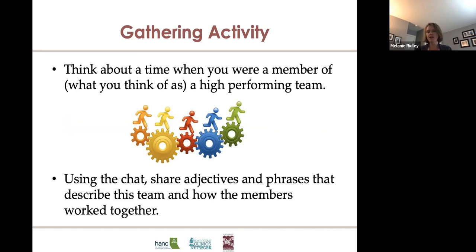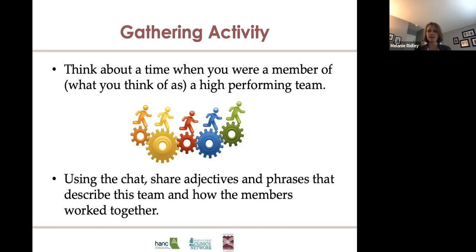And using the chat, we hope you'll share with us just a few thoughts about what that looks like. A few adjectives describing this team, some phrases that describe how the members work together, what made that team special. So I'm going to give you a few moments, and if you wouldn't mind bringing up your chat box, if you have any trouble, let us know. But really thinking about what makes that team special.